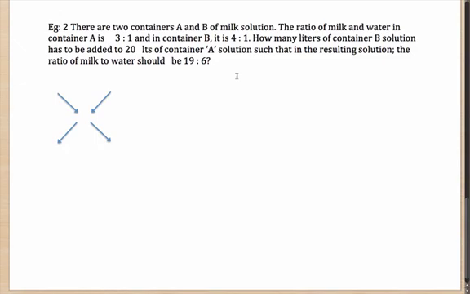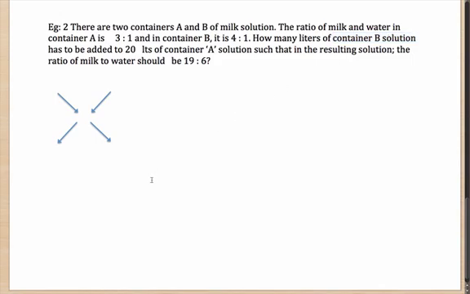Essentially, container A has milk and water in the ratio of 3:1, B has it in the ratio of 4:1. You want to mix them and get the ratio of 19:6. You have 20 liters of container A and you have to find out the quantity of container B required.